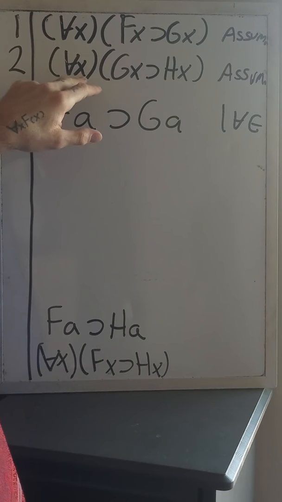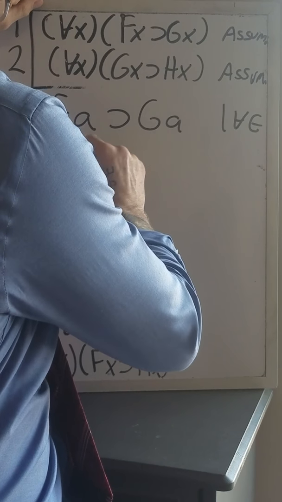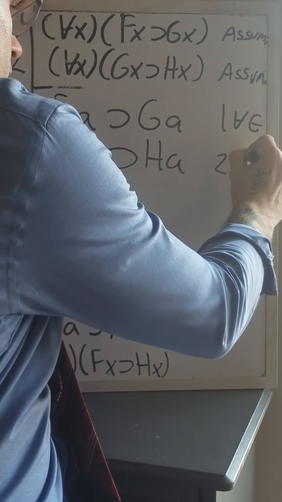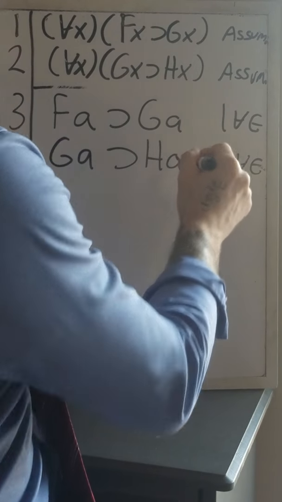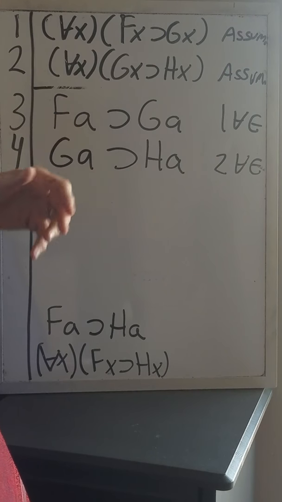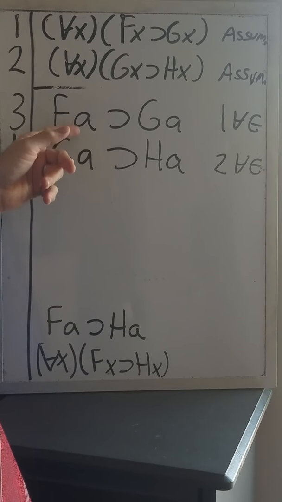So anyway, now we're ready to do this one. Notice I could have used any constant I wanted here, but obviously I want to use this same one so I can reason about these together.